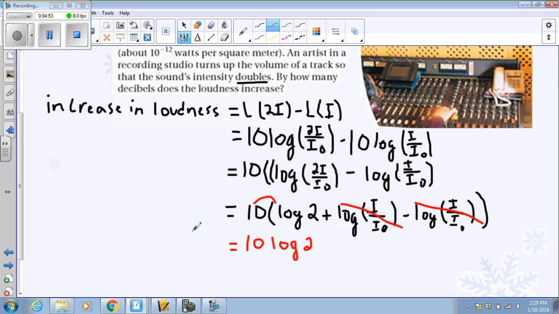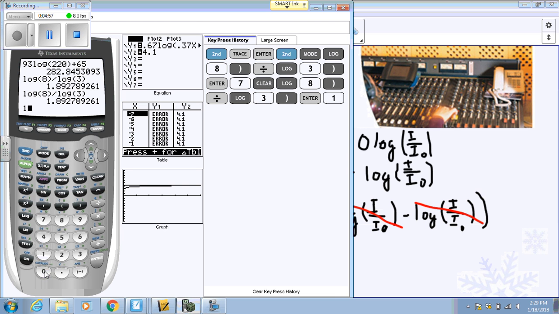So now what we do is we plug this into our calculator. So we do 10 and then we multiply it by log, and remember this is our base 10, our common log, of 2. And we're going to round to the hundredths place. So our answer is going to be about 3.01.